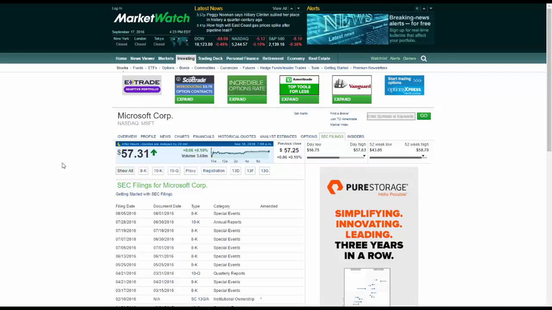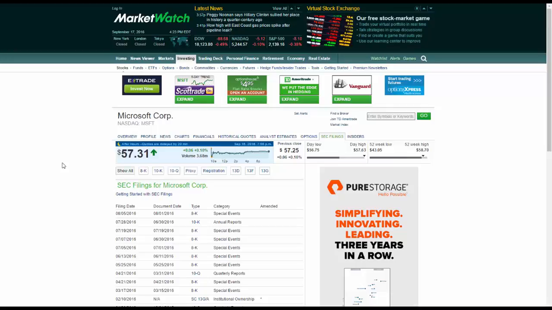Companies have to submit their financial information to the SEC so the SEC can evaluate it, audit the statements, and see if they are lying about their financial information or not.